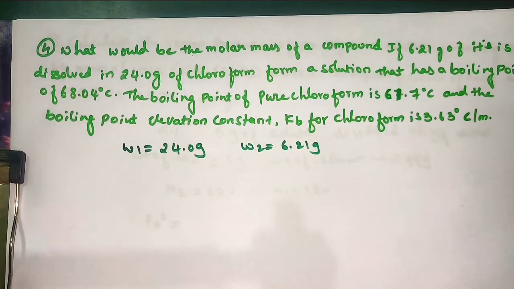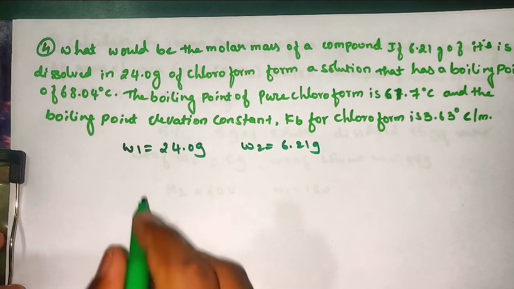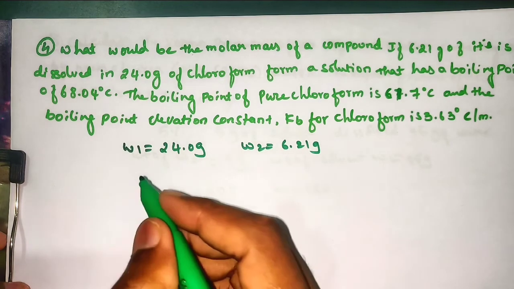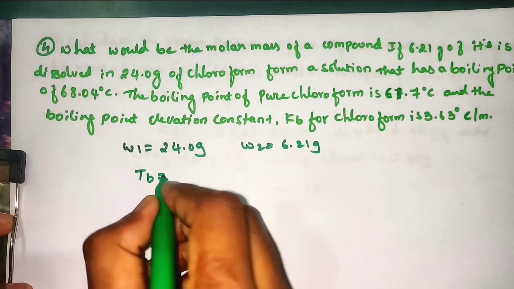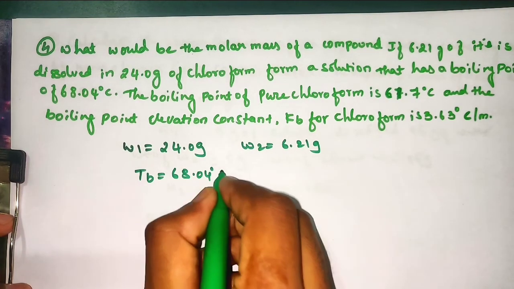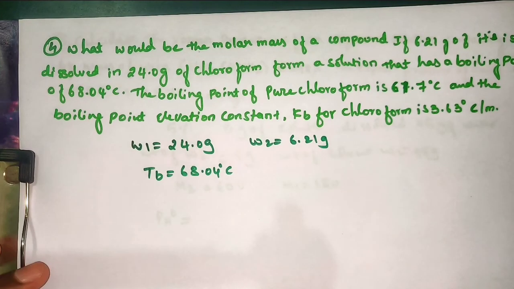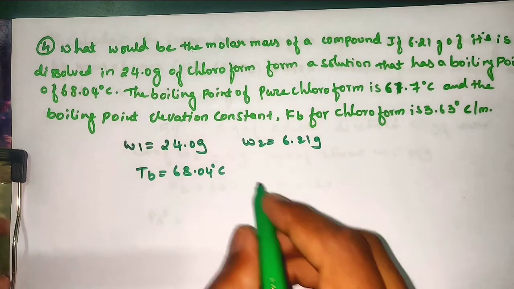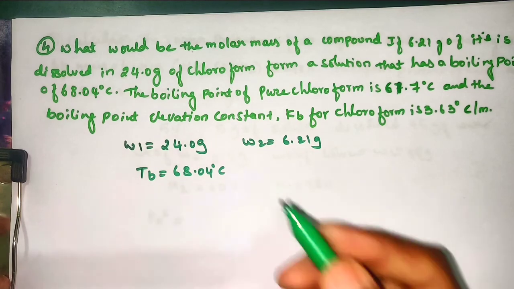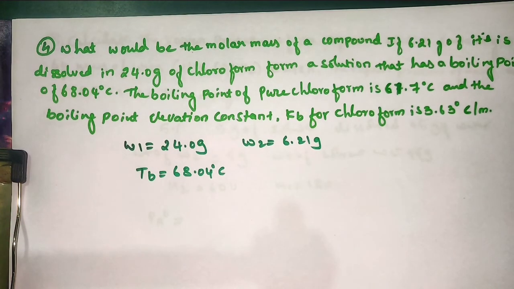This is solute. Next, the solution has a boiling point, that is Tb. Tb is equal to 68.04 degrees Celsius; that is for the solution, the boiling point of solution.